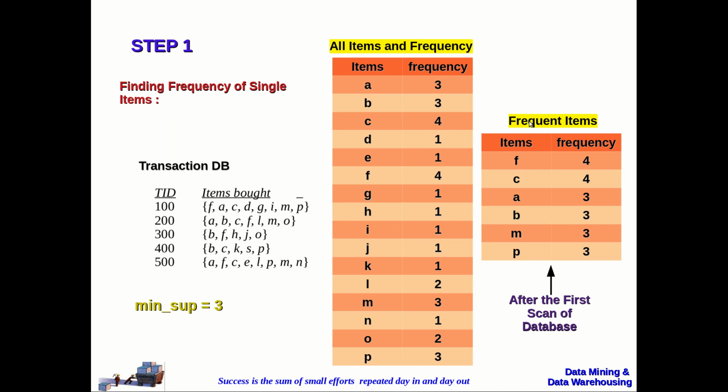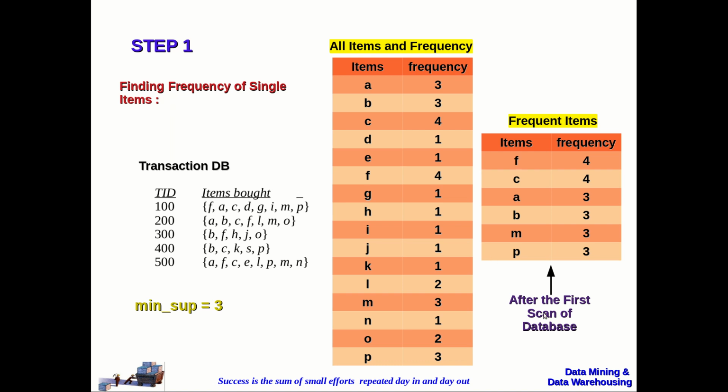Therefore, the frequent items will be A, B, F, C, M and P. All the other items have frequency lesser than minimum support. So all the items like D, E, G, H, I, J, K, L, N, O are ignored for the construction of the frequent pattern tree.